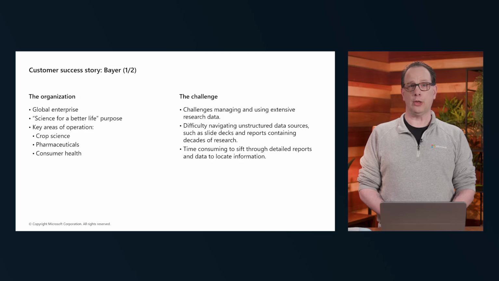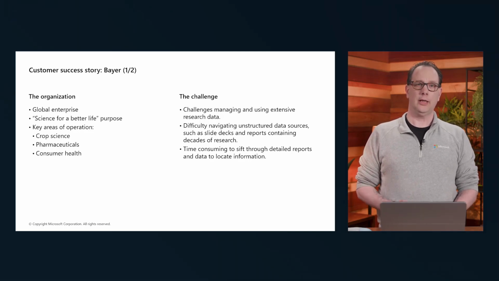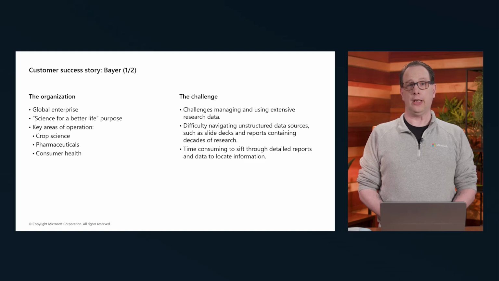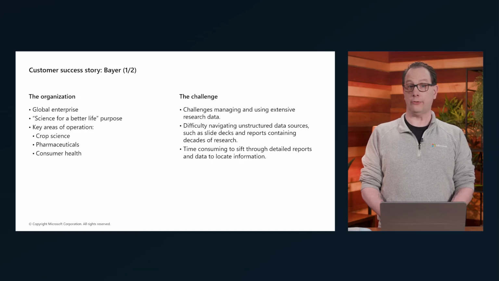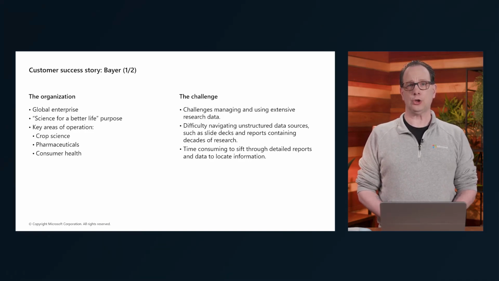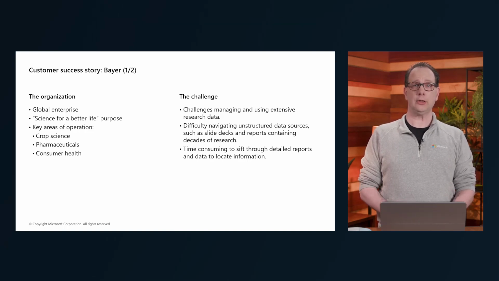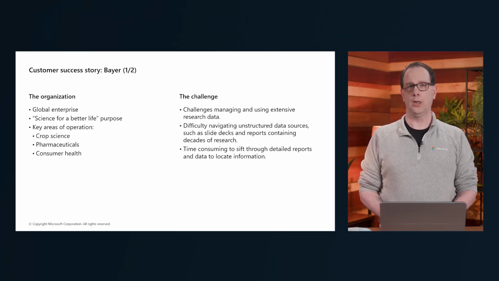Now next, let's talk a bit about the organizational challenges they expressed. In short, Bayer faced challenges in managing and utilizing extensive research data, specifically in its crop science division. They dealt with difficulties in navigating unstructured data sources, such as slide decks and reports, which contain decades of research.